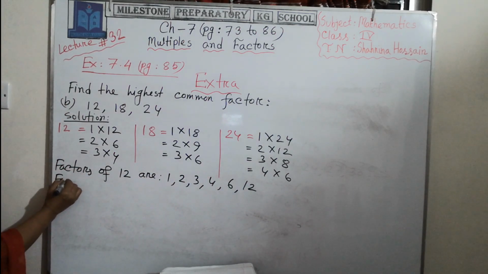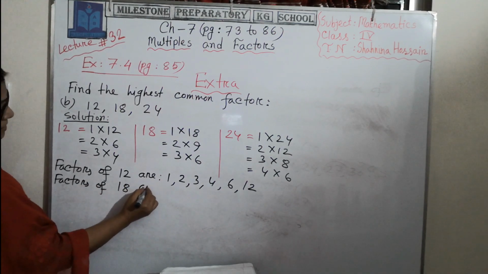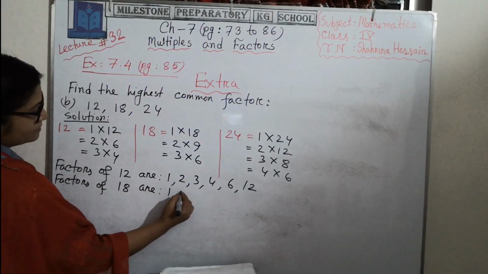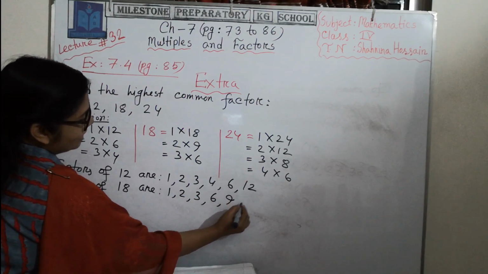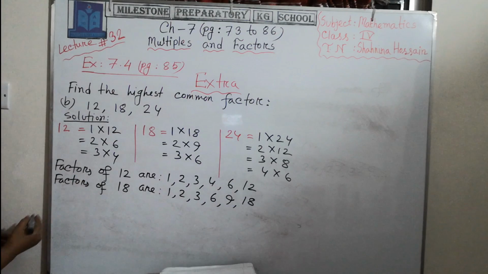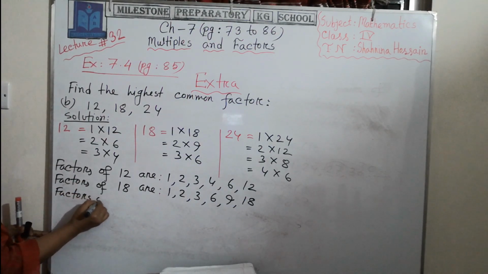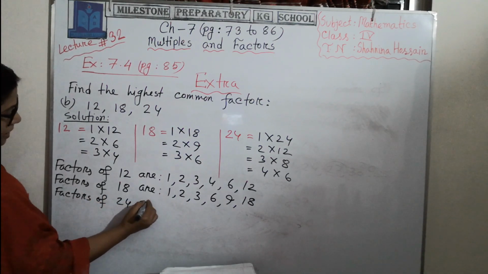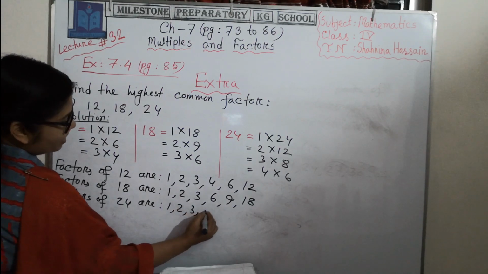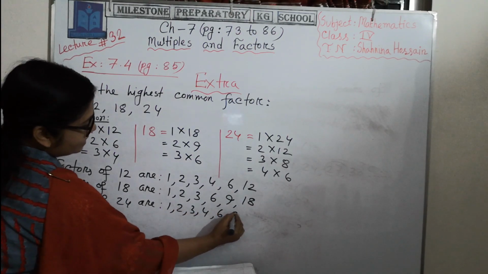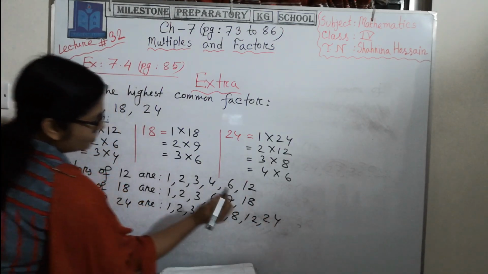Then factors of 18 are 1, 2, 3, 6, 9, at last 18. And factors of 24 are 1, 2, 3, 4, 6, 8, 12, at last 24.